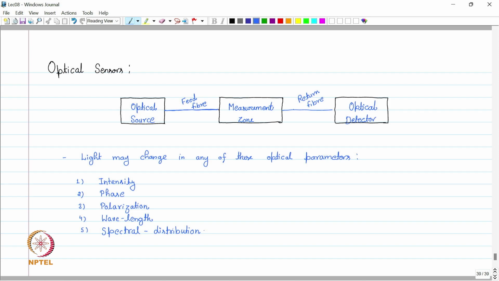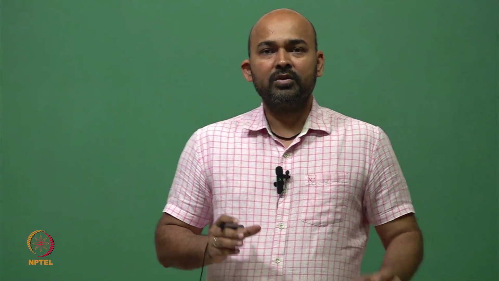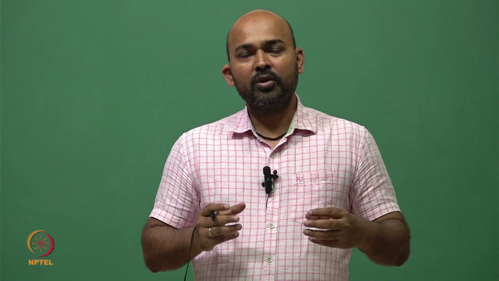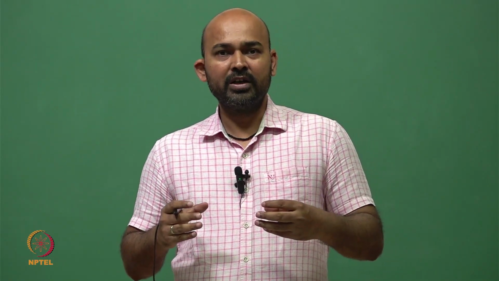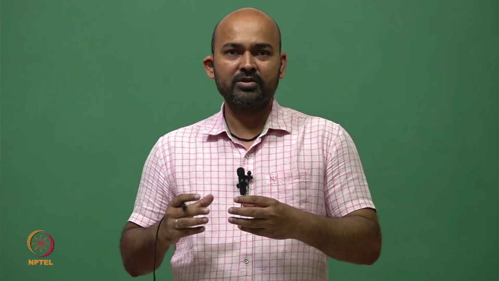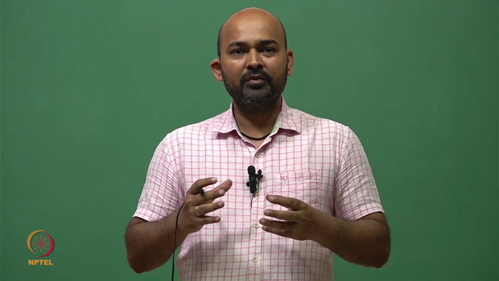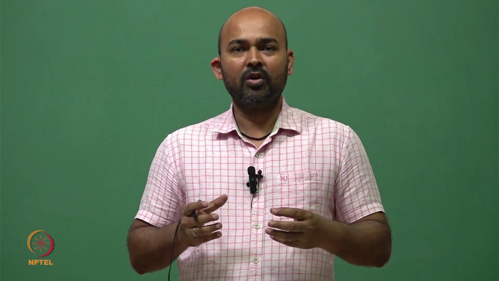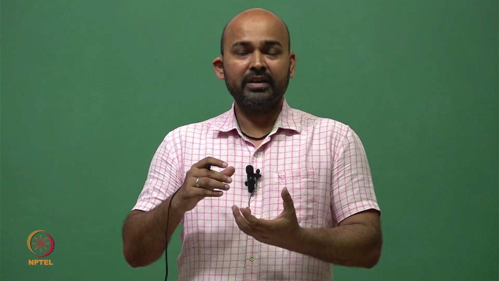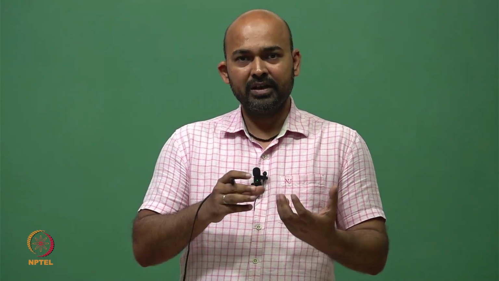So we have these optical parameters, for example, intensity. When the light originates from a source, it has a particular intensity, then it goes into a measurement zone where the intensity of this light can be altered. For example, we have a certain different material in between.